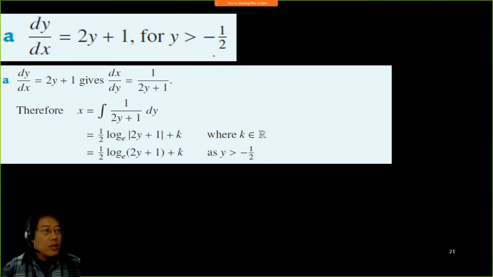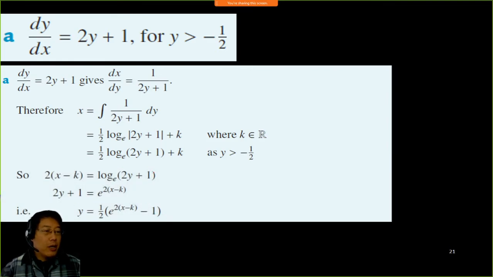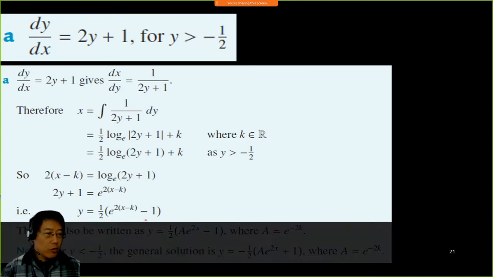Now because it says y is greater than negative 1 over 2, which is equivalent to 2y plus 1 strictly greater than 0, we can remove the modulus here. Then you would rearrange it to make y the subject, and you have an exponential function, which is your general rule.